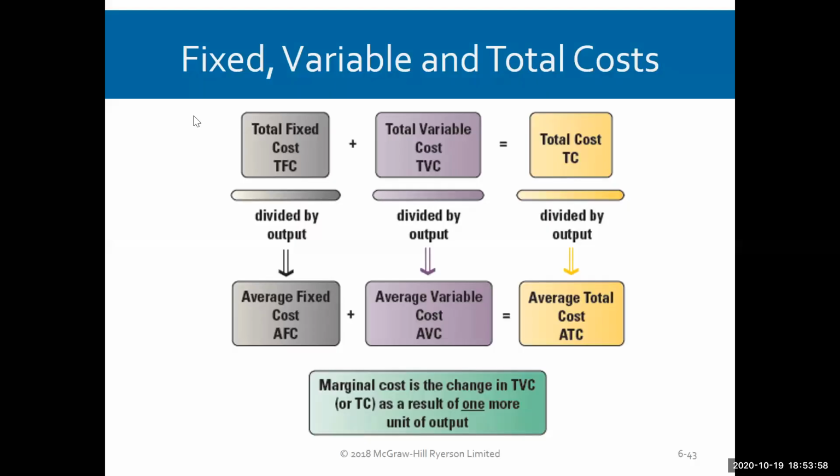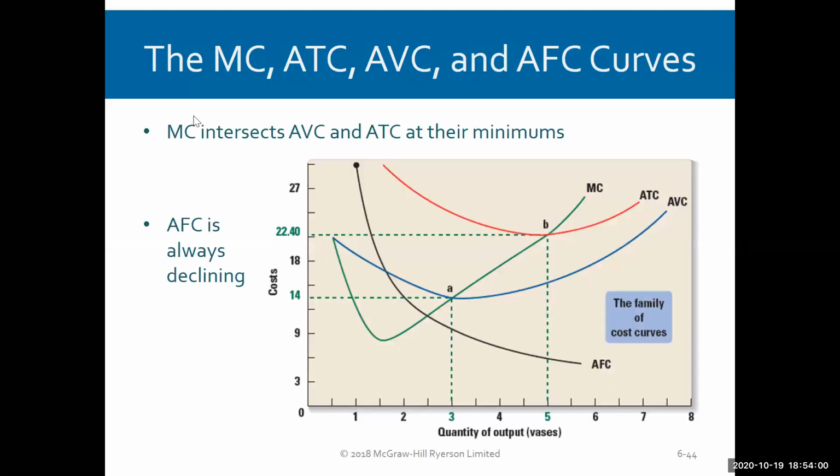In a previous segment, we took the product curves and then graphed the variable cost curve and the marginal cost curve. So in a previous segment, we actually have graphed the marginal cost and the average variable cost curve. And these are two of the most common cost curves we're going to use for the rest of this course.